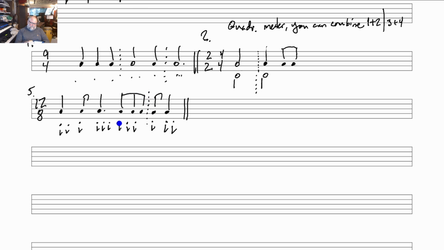Look at this. 3 eighth notes grouped. Look at this. A dotted quarter, 3 eighth notes. Look at this. A quarter and an eighth together. 3 eighth notes. So it looks like that's a pretty nice dividing line. That's a dividing line. And now we have beats 1, 2, 3, and 4.